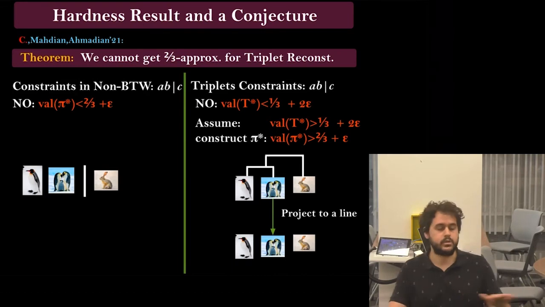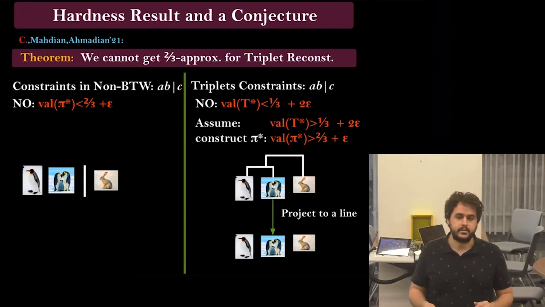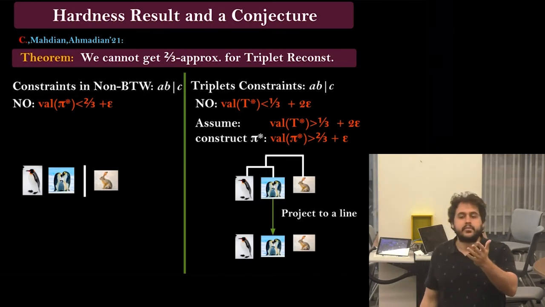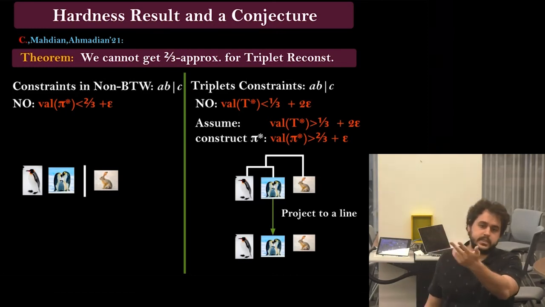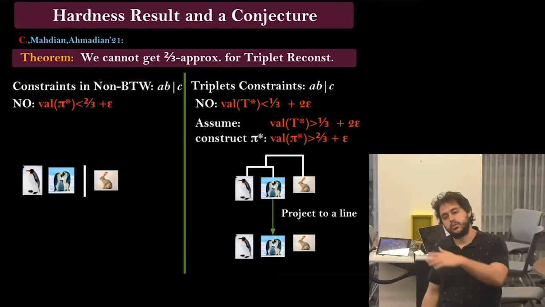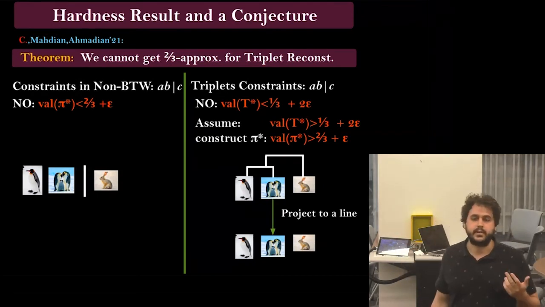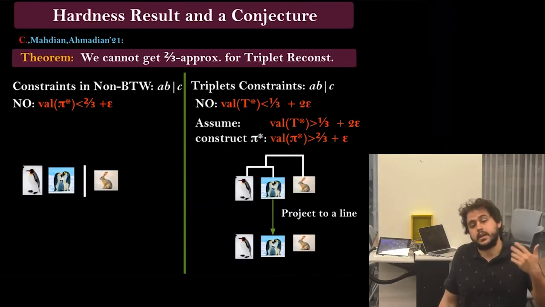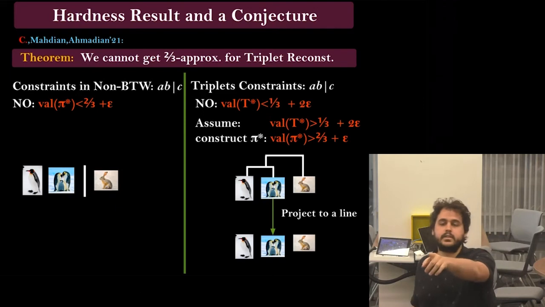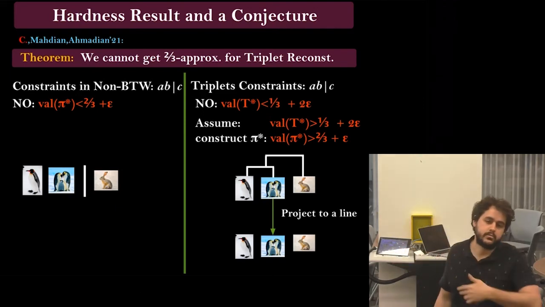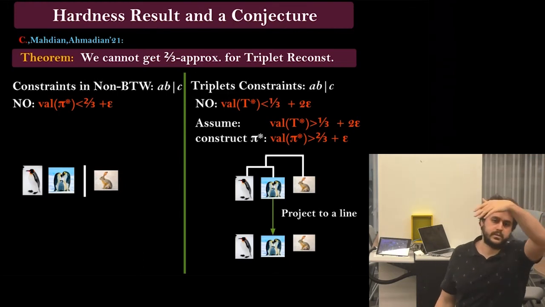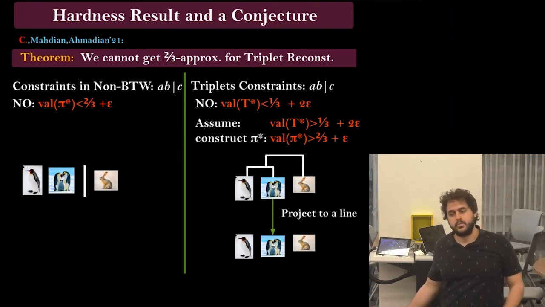And it's easy to see that if a triplet is satisfied in the tree, then the projection on the line will also satisfy the non-betweenness constraint. So for example, here we just let the leaves fall, and the rabbit is actually the rightmost. It could also be the leftmost, it doesn't matter. But it's important that we satisfy it.